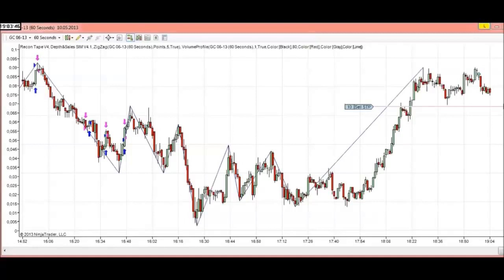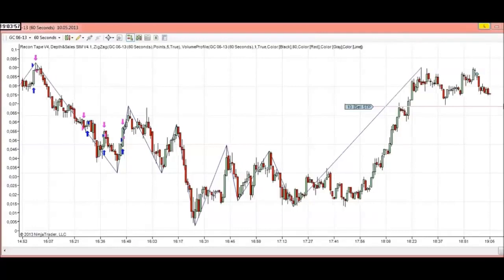So my intention is to take entry with resting order based on the chart pattern and with confirmation from tape. So when I want to sell below the low, for example, I want price to approach it fast and have a lot of sales, large orders on a tape.